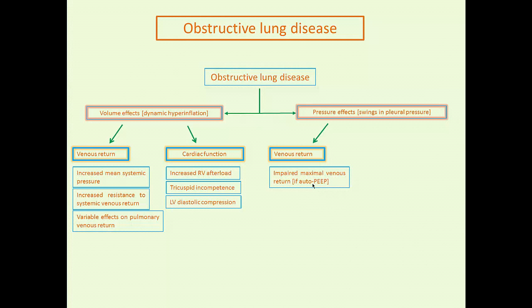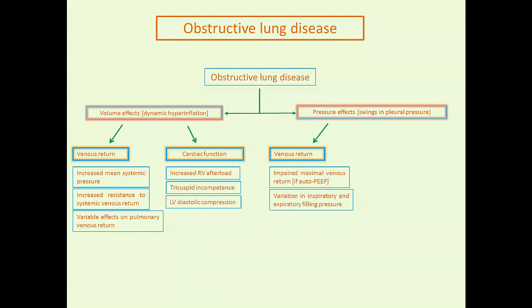The physiology is essentially the same as the application of extrinsic PEEP, in that the venous return curve is shifted rightwards, and the Starling resistor or vascular waterfall physiology that is generated results in a lowering of the maximum amount of blood that can return to the right heart, and that is from collapse of the great vessels.